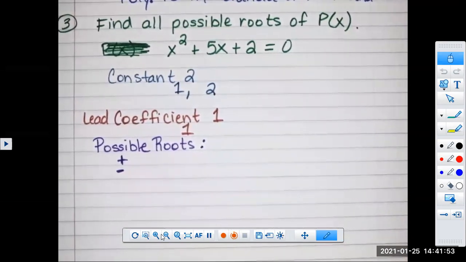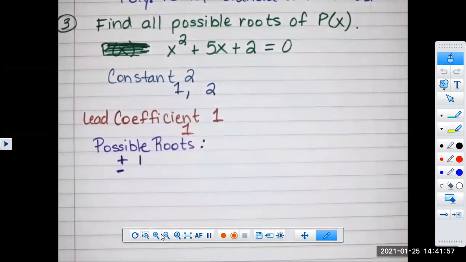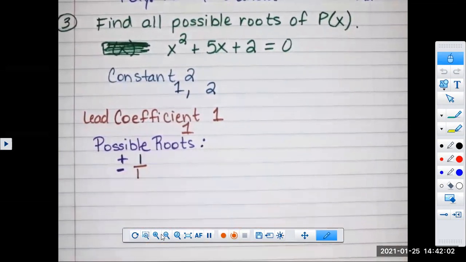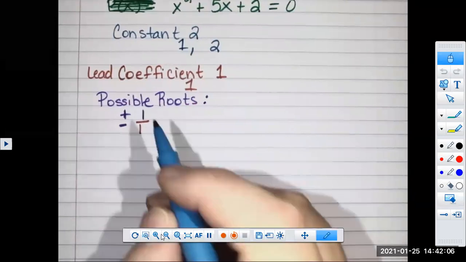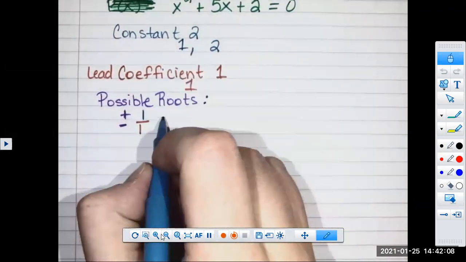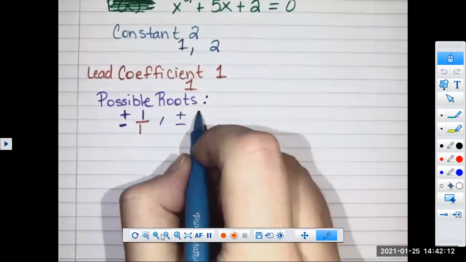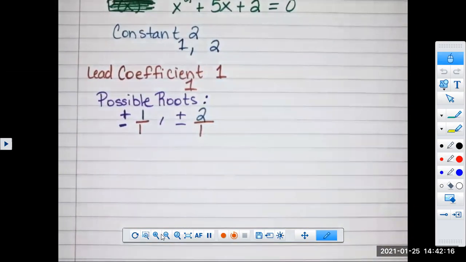And then we say 1, the first factor of my constant, over 1, factor of my leading coefficient. Then I take my next factor, which is 2, and I set it over my factor of my coefficient, 1.